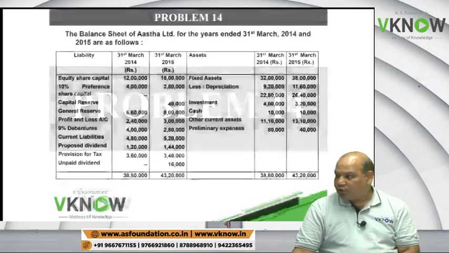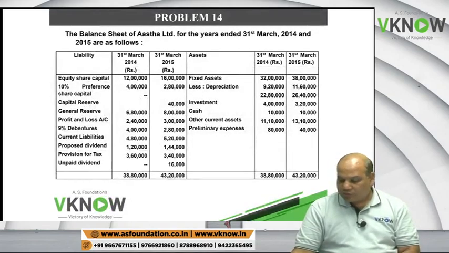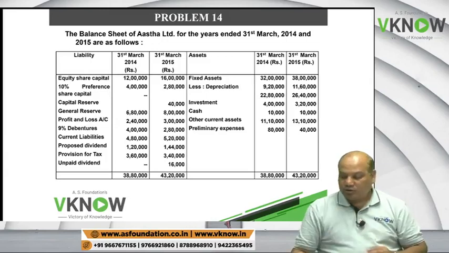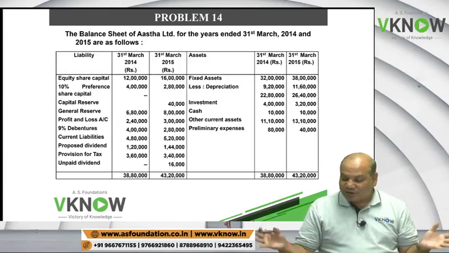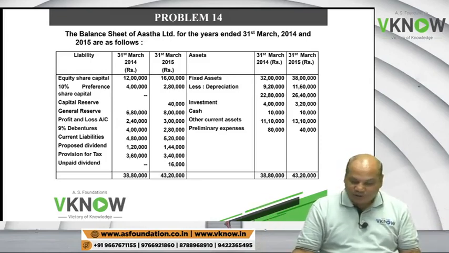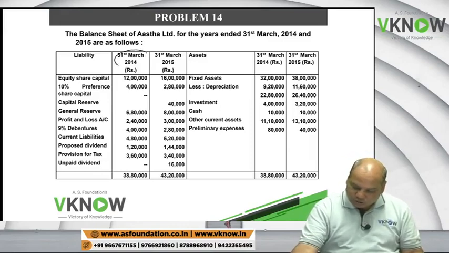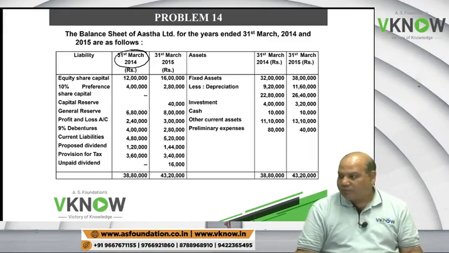Question number 14 quickly. The balance sheet of Astha for the year ended 31st March 2014 and 2015 is as follows. So students are saying no query, you can go ahead.